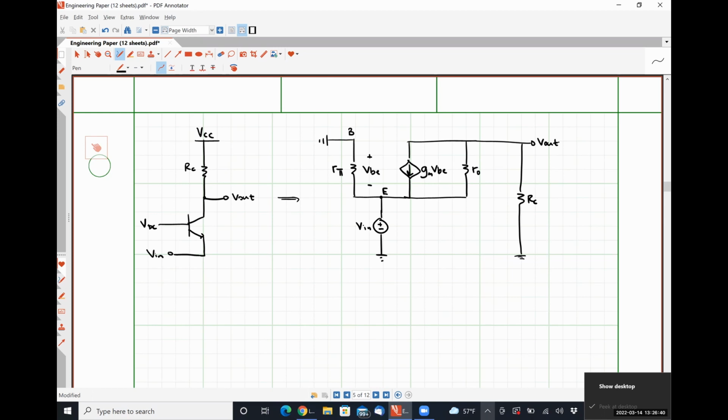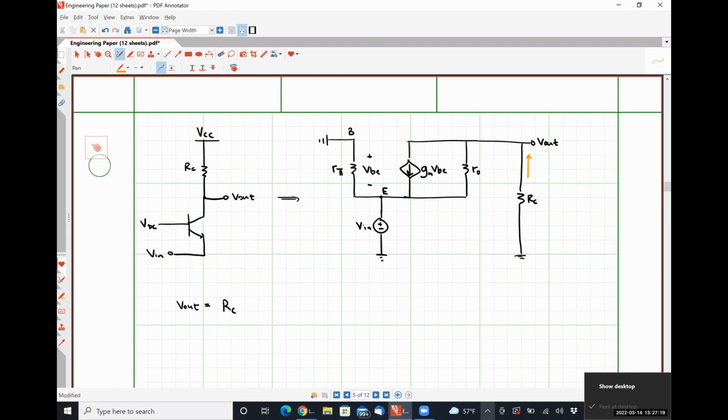So are we okay with my small signal representation? Nothing seems particularly wild or crazy, I hope. Okay. All right, so we can say that my output voltage V out is RC multiplied by this current that I am drawing here directly.